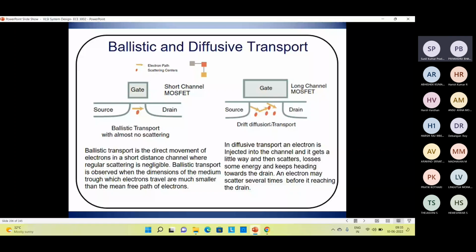So one part you can be sure of: if you have ballistic transport in a MOSFET device, the channel length is very, very much smaller than the mean free path of electron. Whereas in diffusive transport, our channel length is greater than the mean free path of electron.